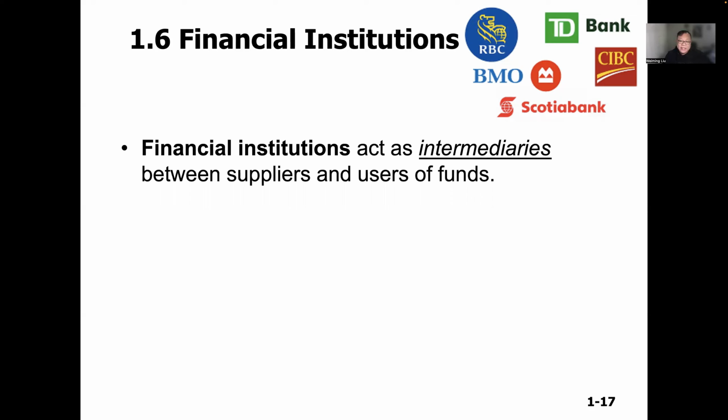They act as intermediaries between suppliers and users of the funds. Okay, so I have actual money. I put my money as a deposit into my bank. Somebody needs money, they need to borrow money from the bank, right? So the money is sitting in the financial institution. That's the intermediary.